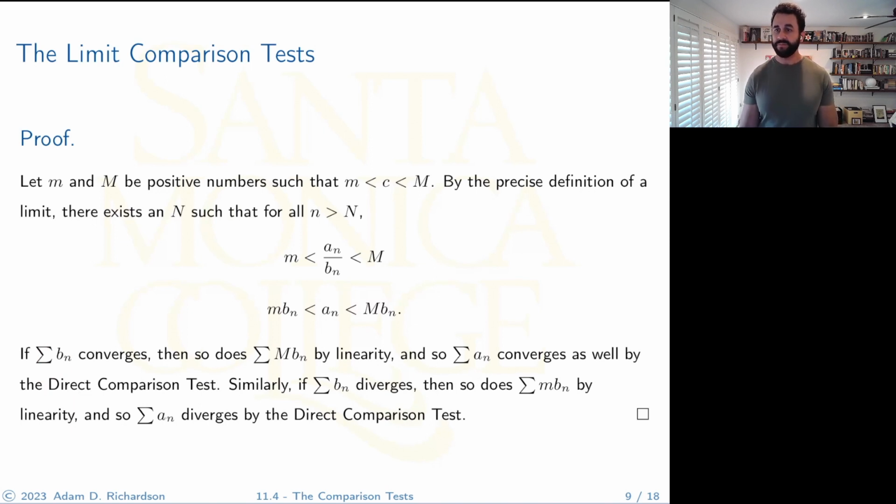Similarly, if this series diverges, then so does this series, again by linearity. And because we have this order relationship, the series with the a sub n terms must diverge by the direct comparison test. And that's the result. That's the limit comparison test. So in other words, if this ratio converges to a positive number, then your series have to have the same behavior. Let's try it out.